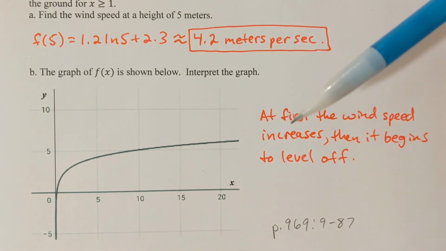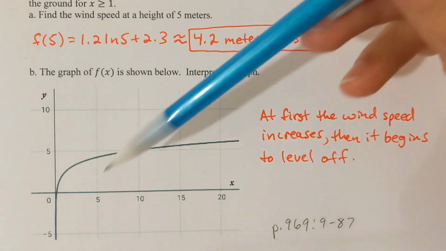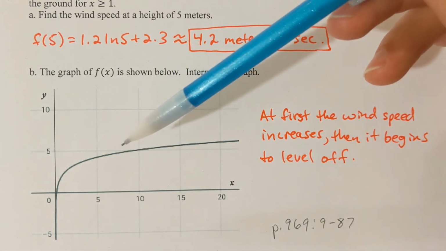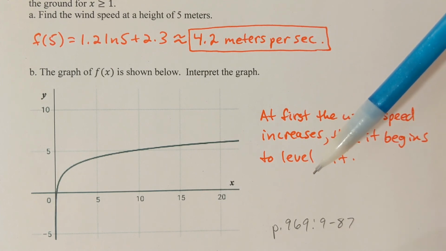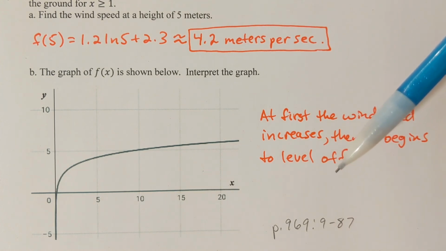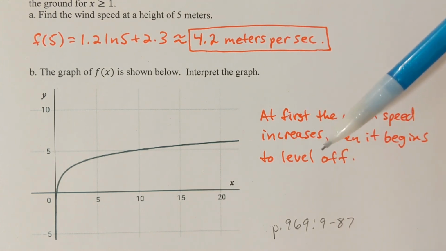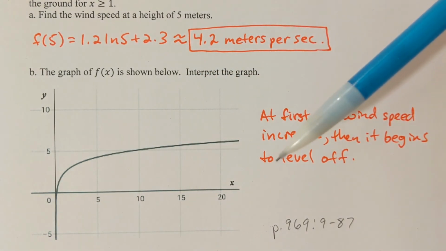Typically, the speed of the wind is going to vary more when you're closer to the ground. But then at some point it's going to level off. That's why planes fly real high in the sky. That's why birds fly high in the sky, right? Because the wind is not whipping all around way up there like it is closer to the ground. So a curve like this makes sense for this particular problem.